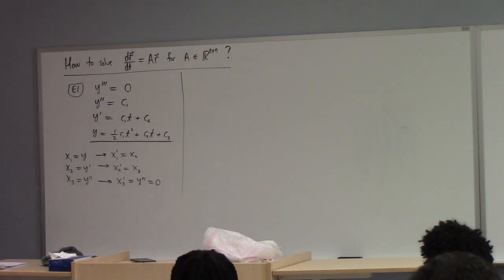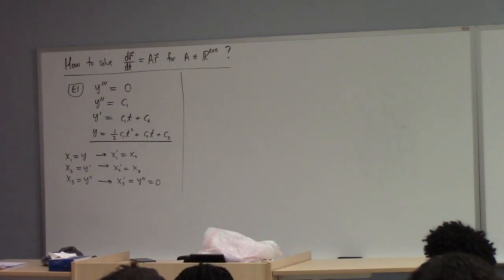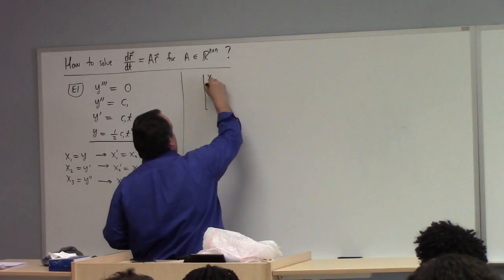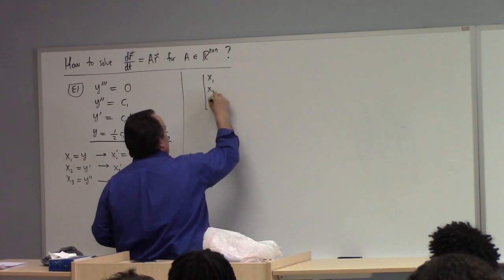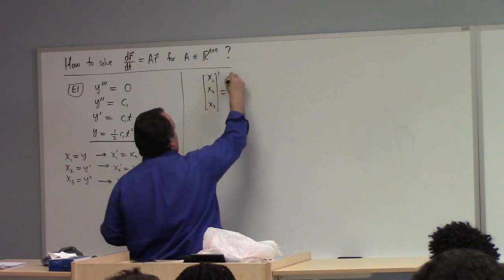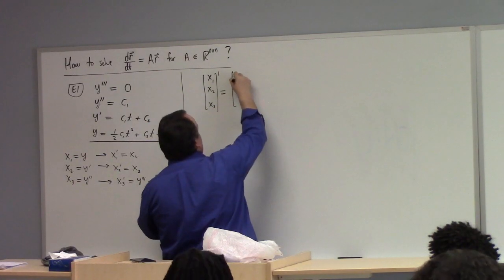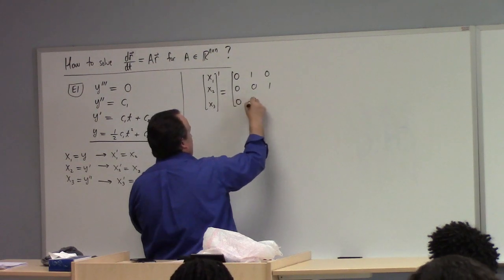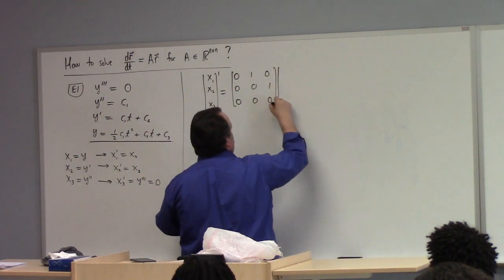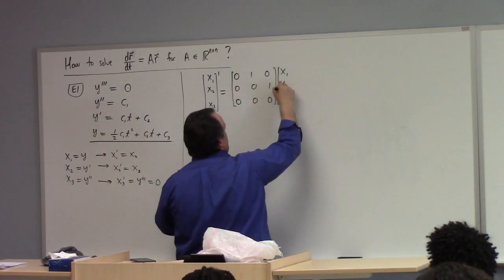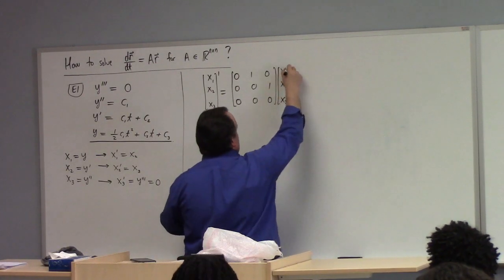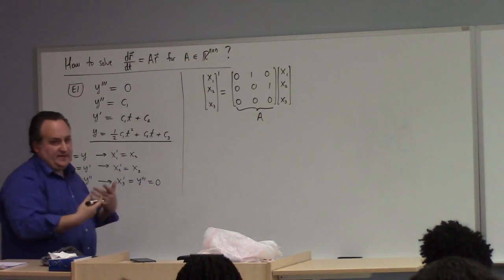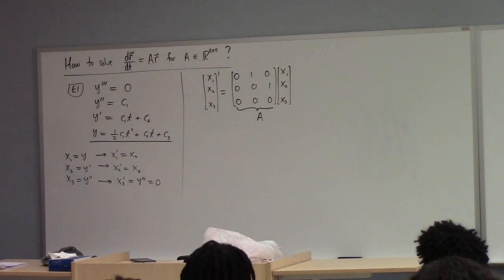So if we convert this to a system of 3 differential equations, we have x1, x2, x3 prime equals what? What's my matrix? 0, 1, 0, 0, 0, 1, and finally the last row is all zeros, right? And here I've got x1, x2, x3. So this is the same problem rewritten as a system of 3 first-order differential equations.